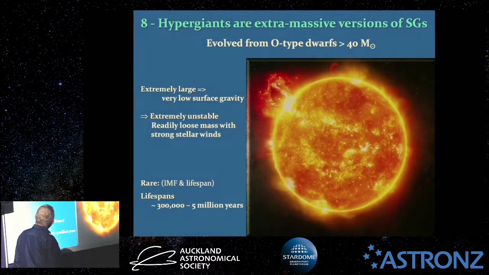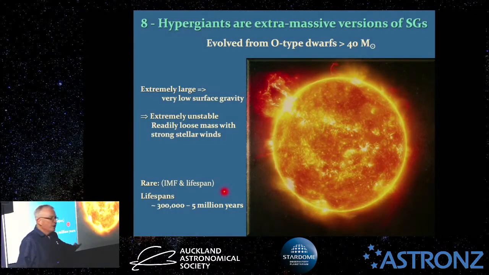So hypergiants, yeah, that's a word you'll see here. They are just the biggest mass of all the massive stars, and they've evolved from the O-type dwarfs of more than 40 solar masses, which makes them very unstable. Extremely large, low surface gravity, and strong stellar winds with a lot of mass loss. Once again, very rare. Why are they rare? The IMF stands for not International Monetary Fund.